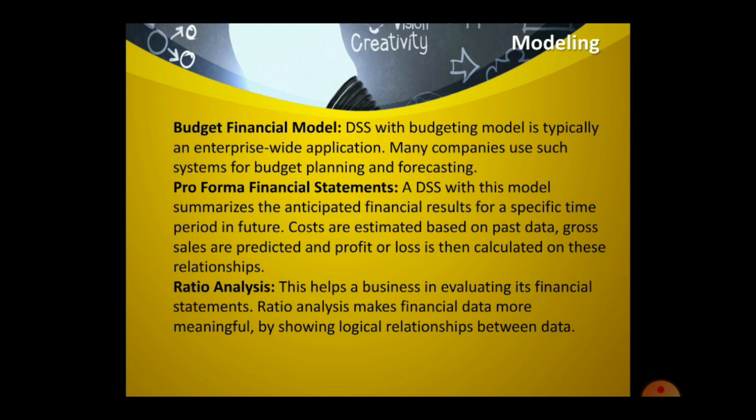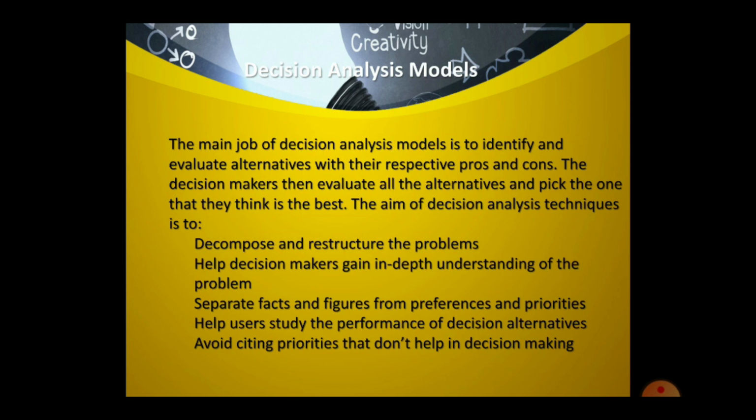Costs are estimated based on past data. Gross sales are predicted and profit or loss is calculated on this relationship. Ratio analysis: this helps a business in evaluating its financial statements. Ratio analysis makes financial data more meaningful by showing logical relationships between data.